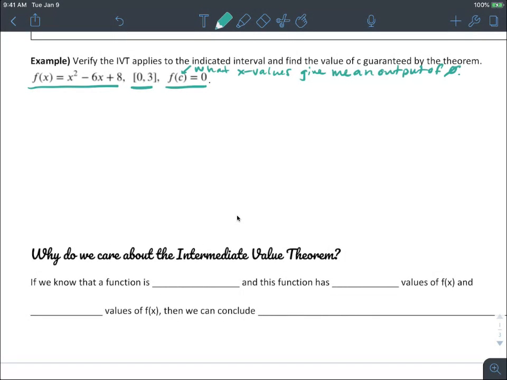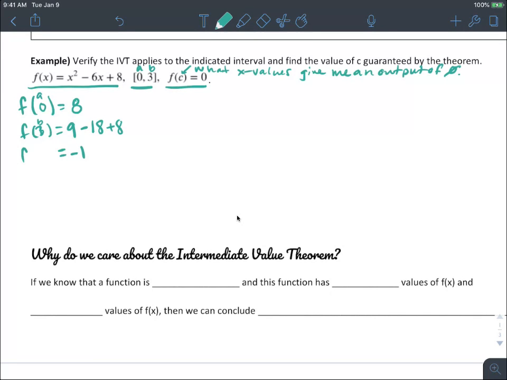Well, I'm going to start by looking at what my a and my b are. So what is my output at f of 0? Okay, that looks like my output is 8. And then what is my output at f of b, my endpoint, which is 3. When I plug in 3, it looks like I get 9 minus 18 plus 8, which gives me -1.